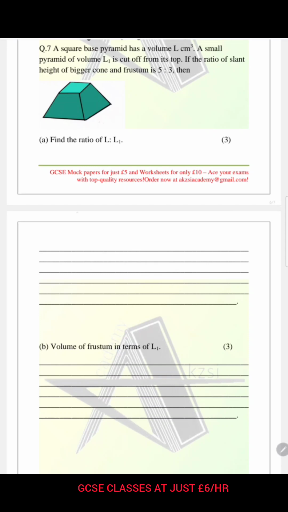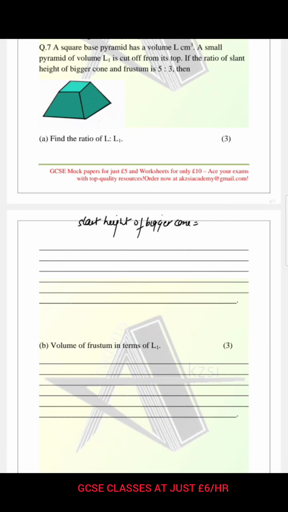Let's say that slant height of bigger cone. So let me convert the ratio into numbers. So slant height of the bigger cone is 5x. That means slant height of frustum is 3x, clearly that's the ratio given.